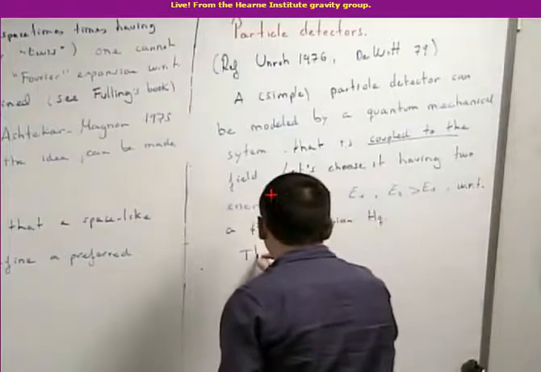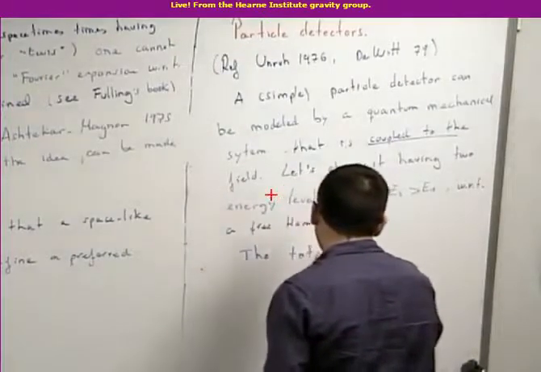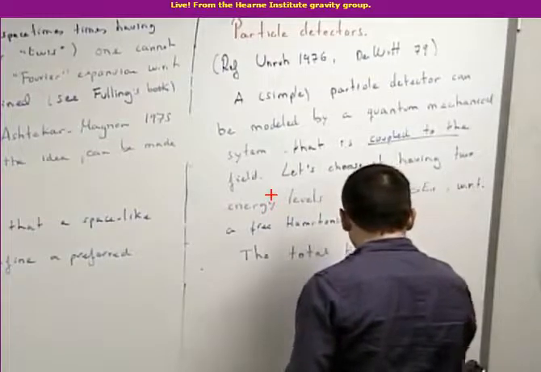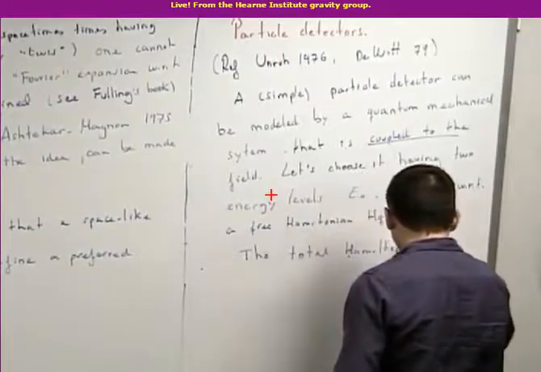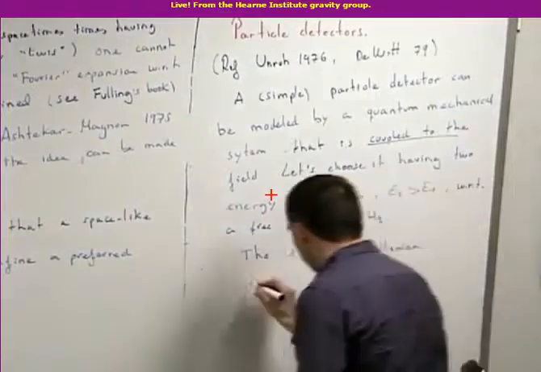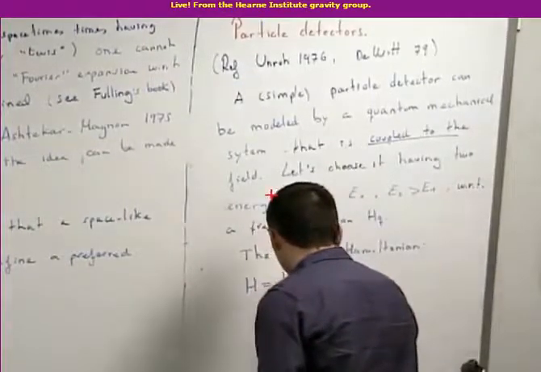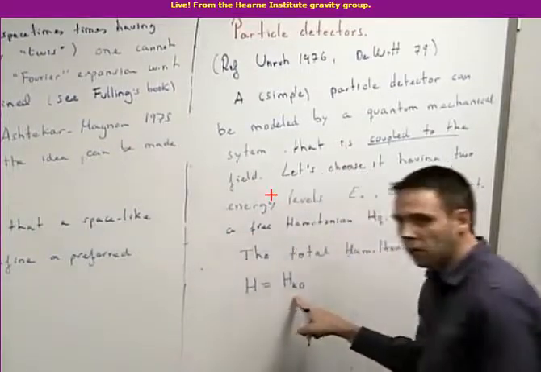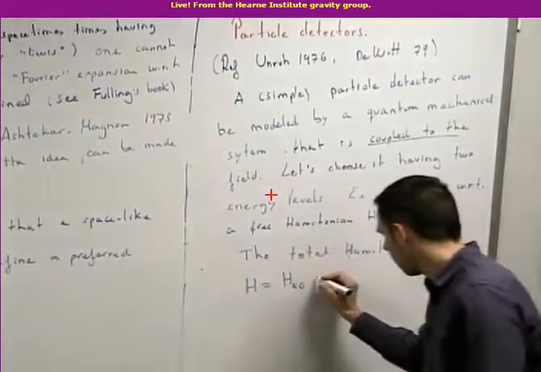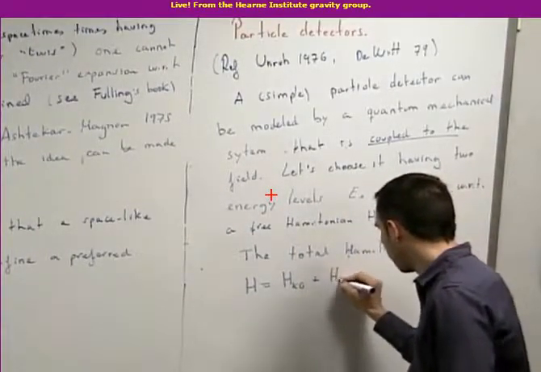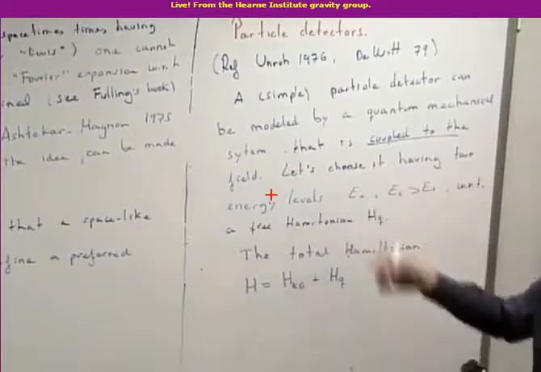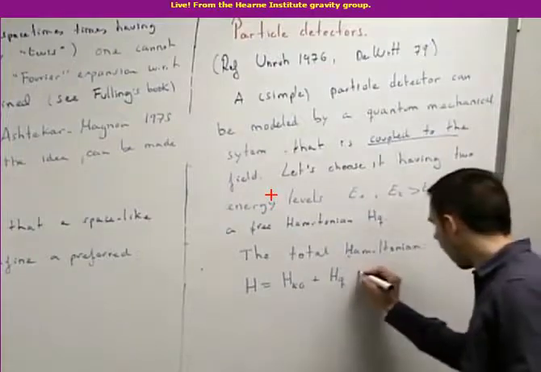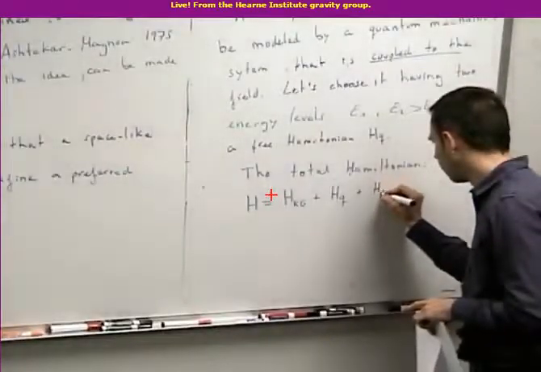So the total Hamiltonian of our system will be the Hamiltonian of our Klein-Gordon field, the free Hamiltonian, plus the free Hamiltonian of our quantum mechanical system, which is modeling the particle detector, and an interaction Hamiltonian.